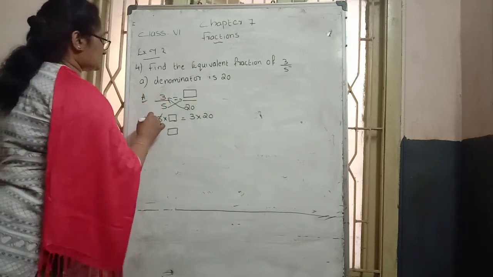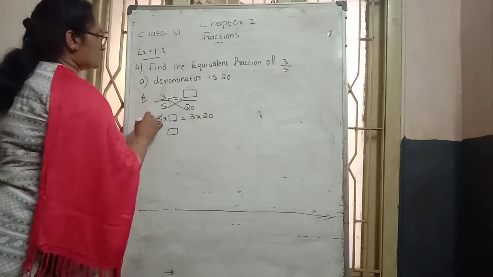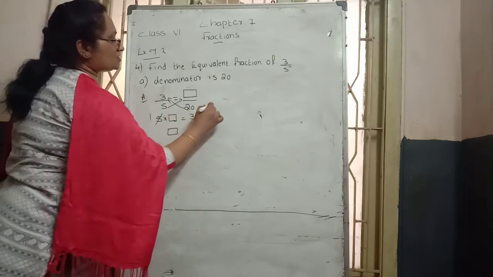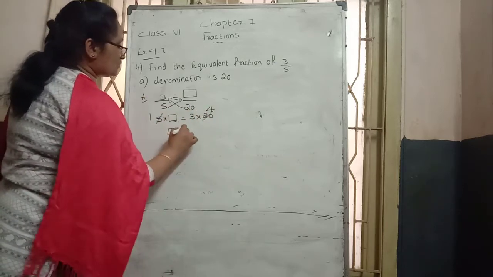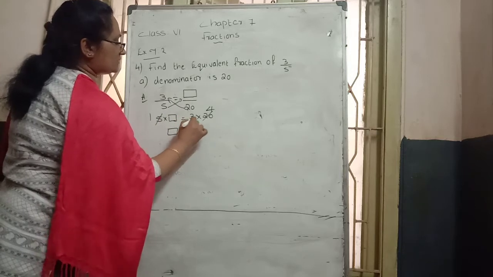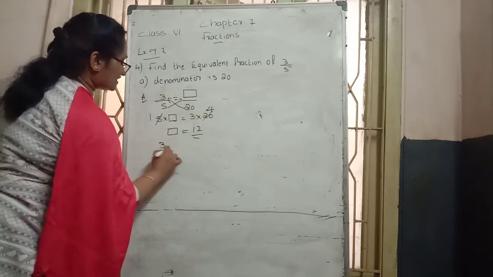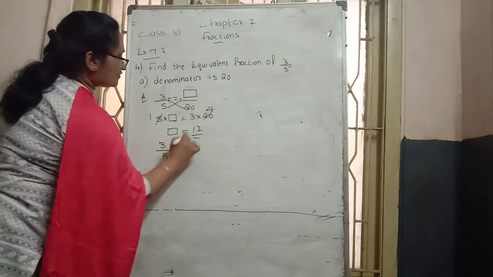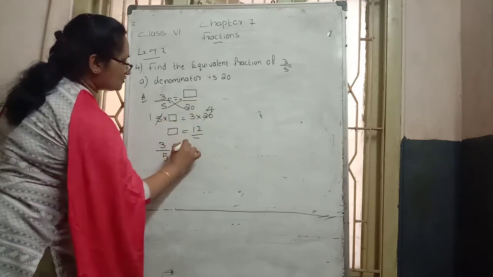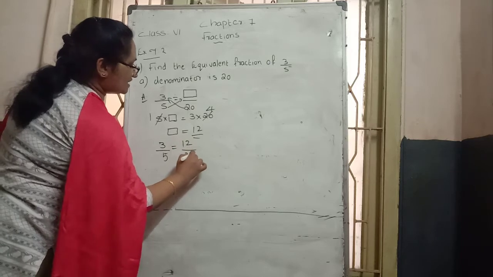So on the left side 5 table, 5 one time; 5 table, 20, 4 times. So 1 into box means box only. 3 fours are how much? 12. That's why we can write the equivalent fraction: 3 by 5 equals numerator box value, we get 12 by 20.